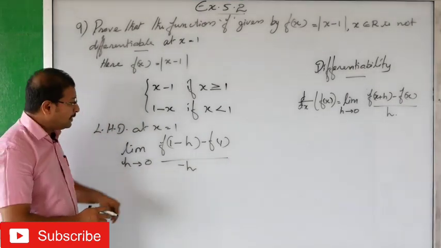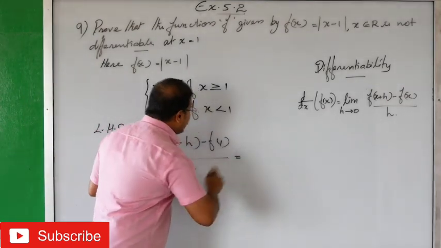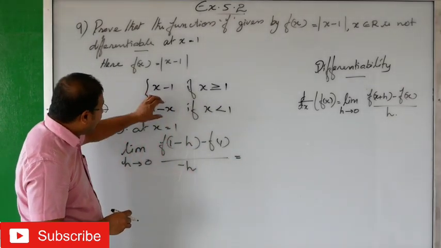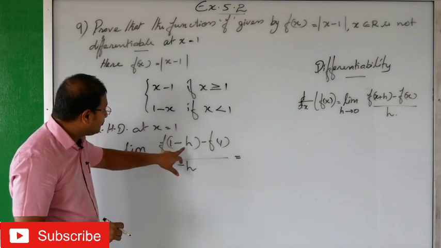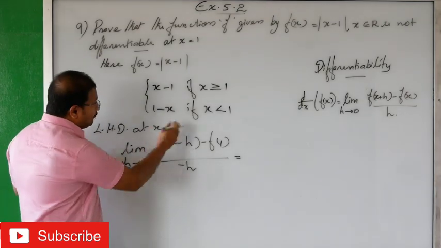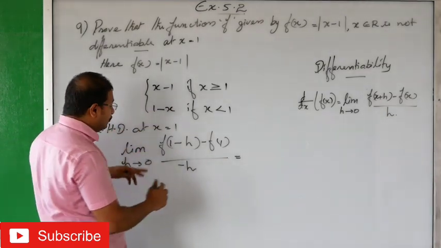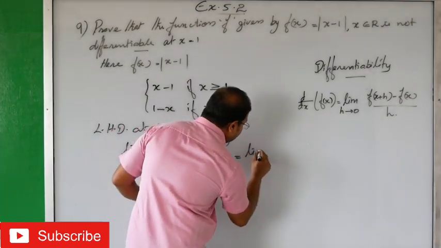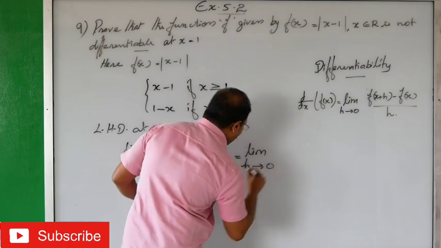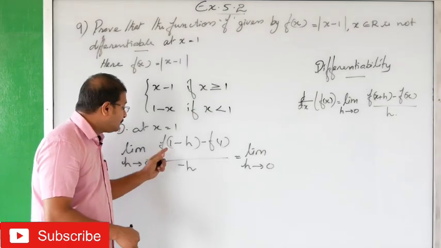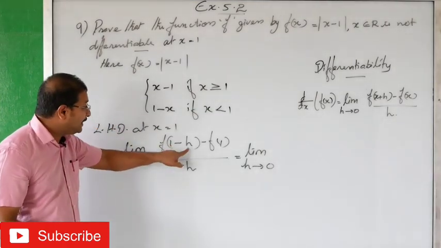H will be minus. This equals, now we know that in the function, in place of x we can write 1 minus h. And we know that we are taking the left side, that means 1 minus x. That means what you will do? Limit h tends to 0. Now we got it, x means 1 minus h.